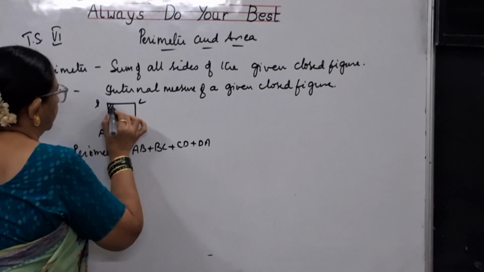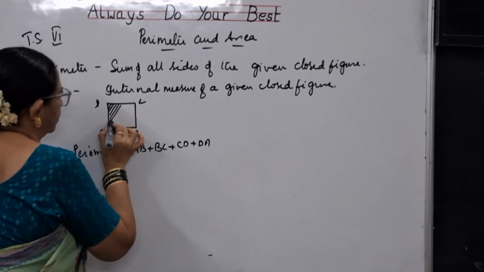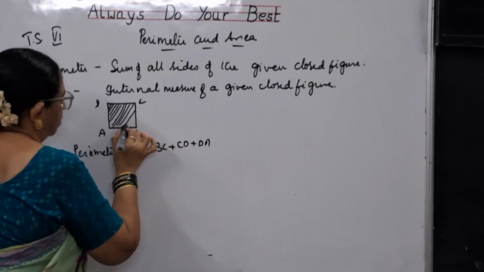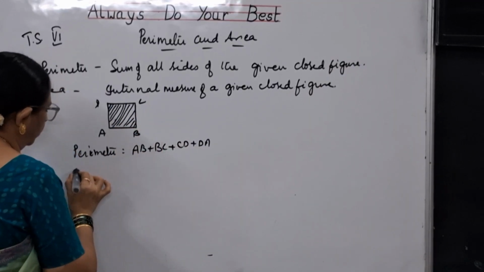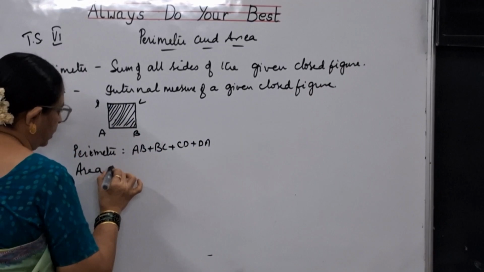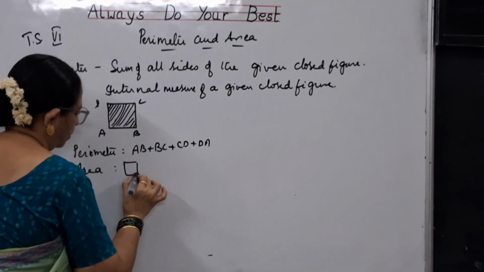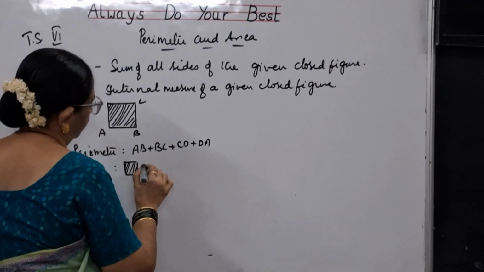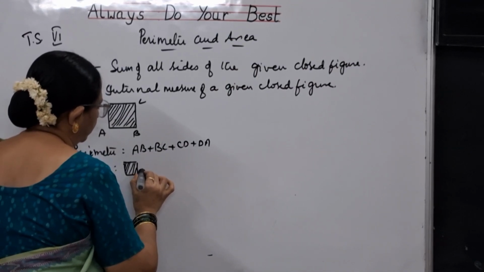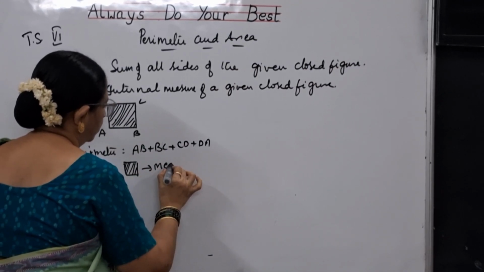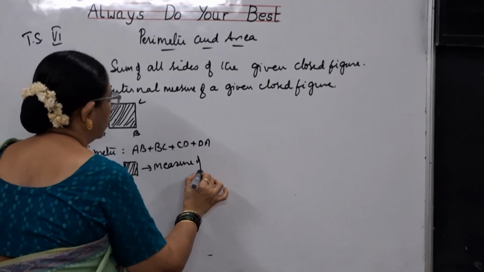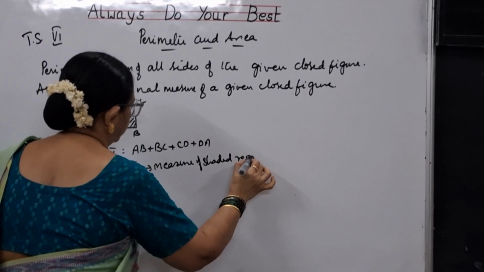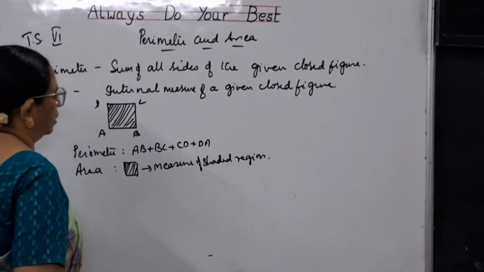Now area means what? If I shade this whole shaded region, this will give you area. That means the measure of the shaded region will give you area.